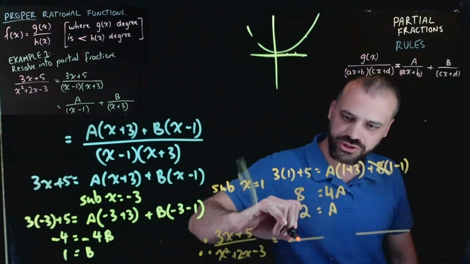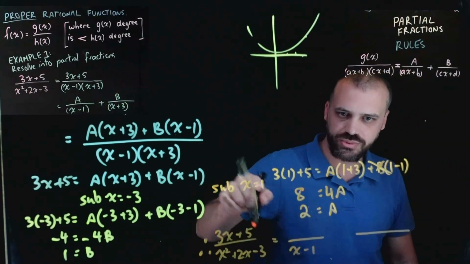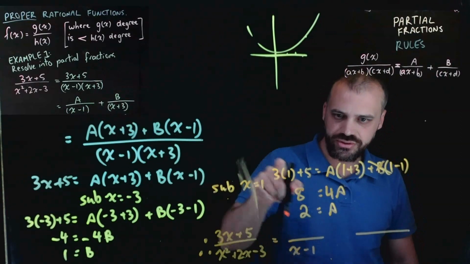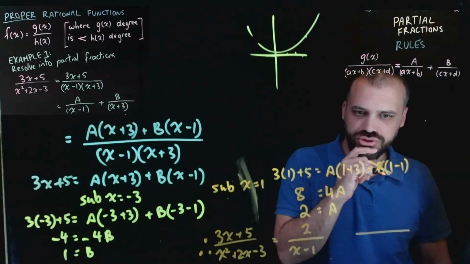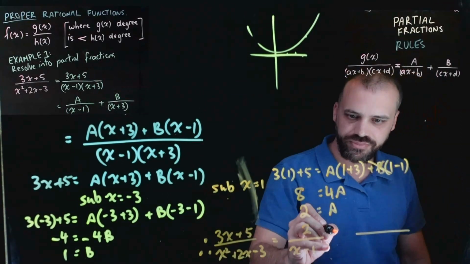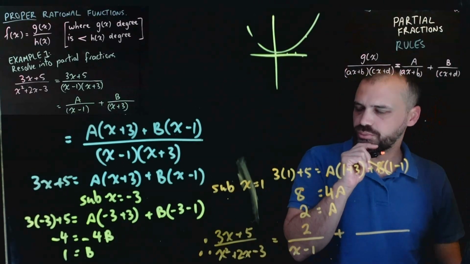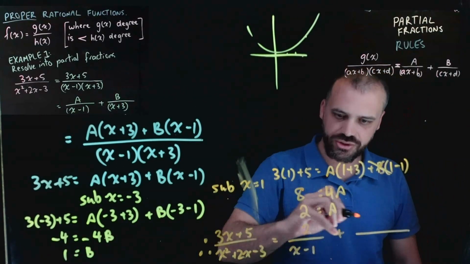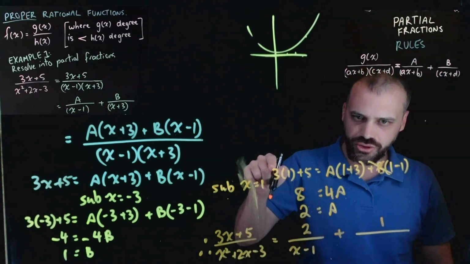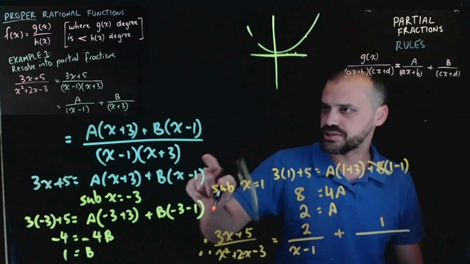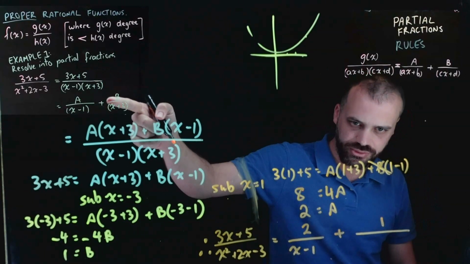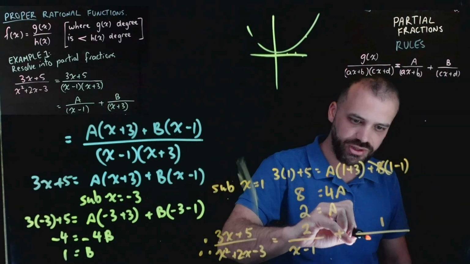The first fraction is over x minus 1, and the a value is 2, so 2 over x minus 1. Plus, and what was our b value? Our b value was 1, over x plus 3.